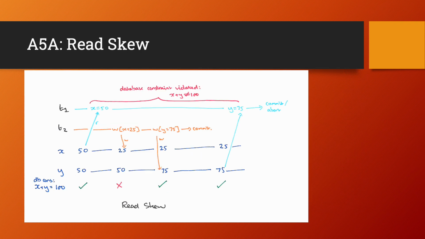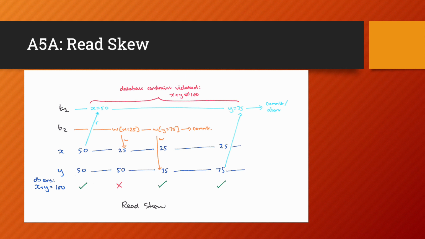Read skew. So here T1 reads X equal to 50, T2 writes X equal to 25, and then writes Y equal to 75 and commits. And then T1 reads Y equal to 75, and then it commits or aborts.